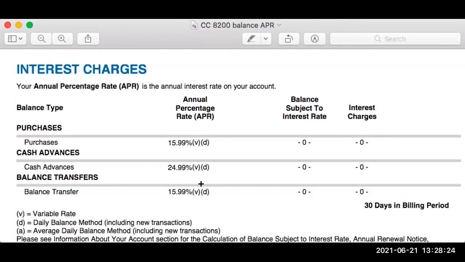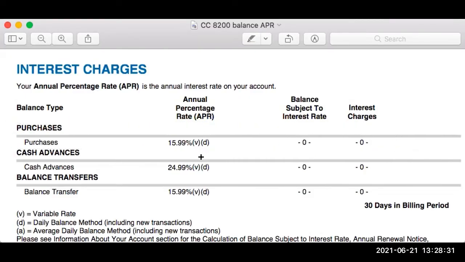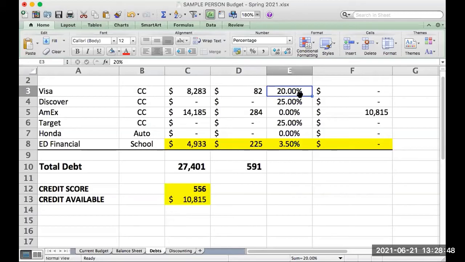If you do balance transfers, 16%. So we're going to put in 16% as the interest rate. And it says a variable rate, so that can change. So if the Federal Reserve raises rates a quarter point, this probably goes to 20%. Why? Don't get me started on that. But we'll go and we'll put 16% in here.